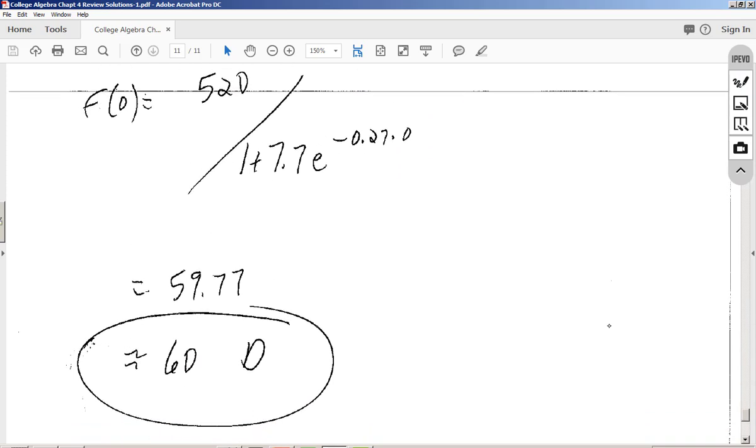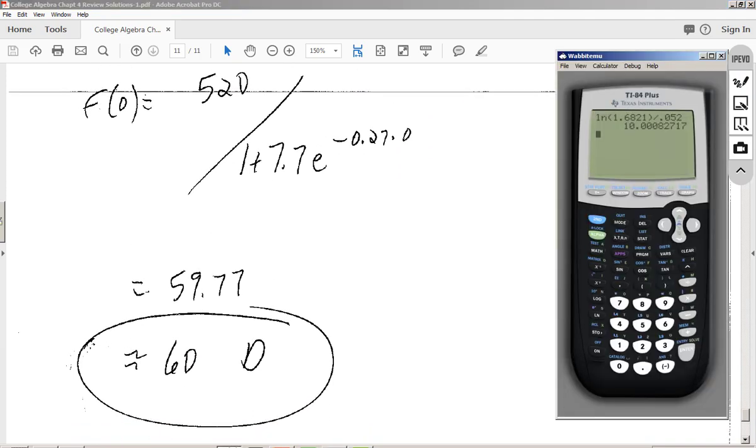Once I've substituted in the 0, I'm going to put it in my calculator. I've got 520, then divide by, and always make sure you put parentheses around your denominator. So a set of parentheses, 1 plus 7.7, hit your E key, and then take that to the negative 0.027 times 0.